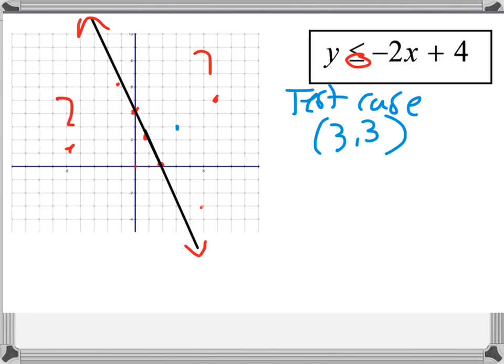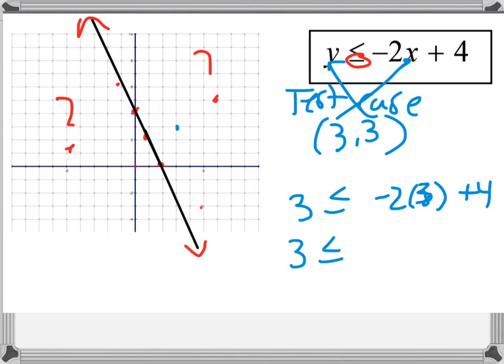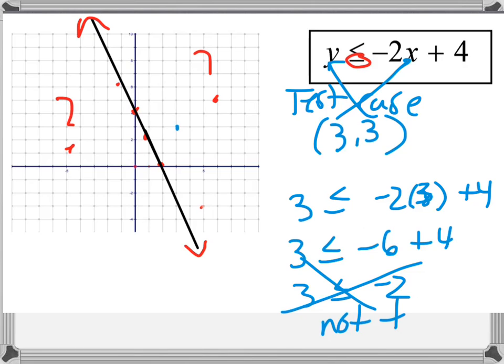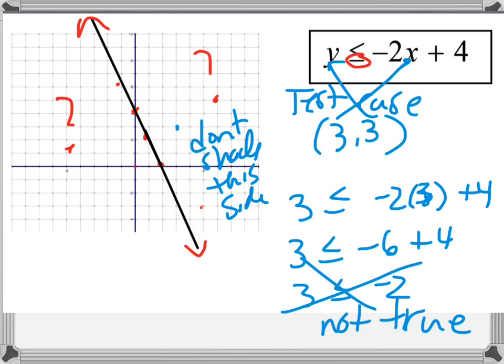Okay, and I'm going to put these in for the inequality, and I'm going to find out if it's true. So this ends up being not true, so I don't shade this side. Okay, so what I end up doing is I shade the other side.